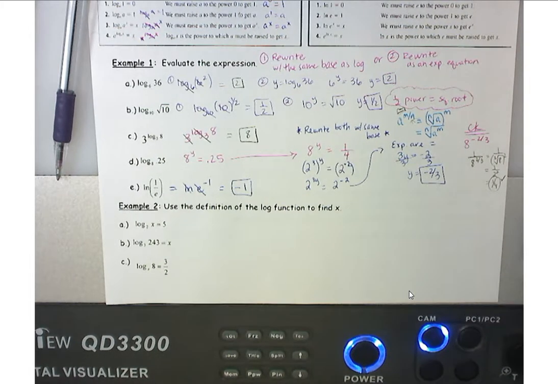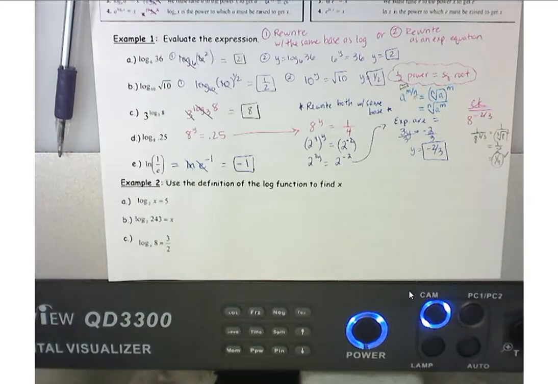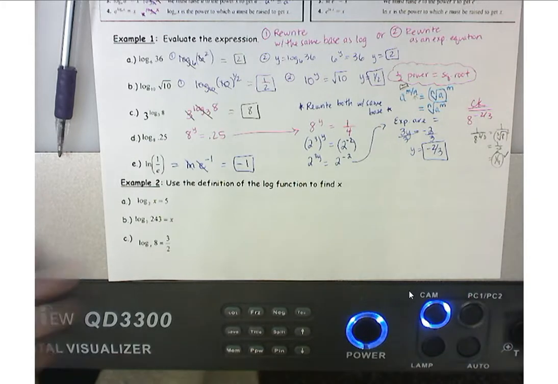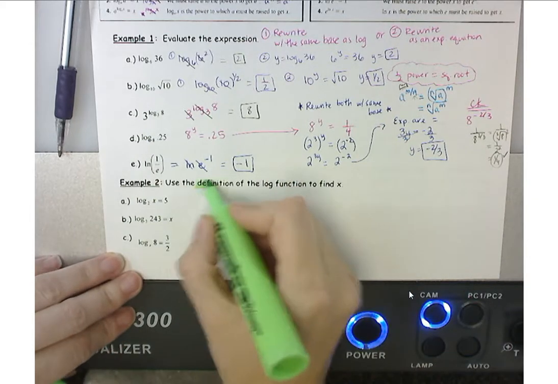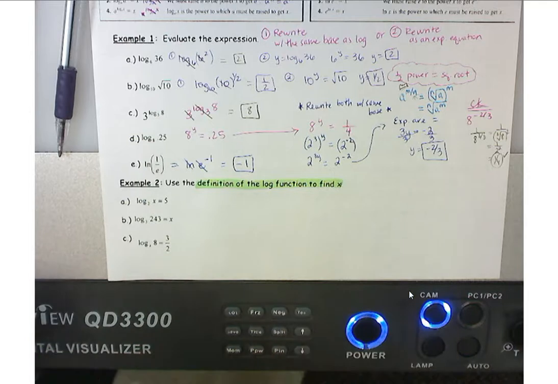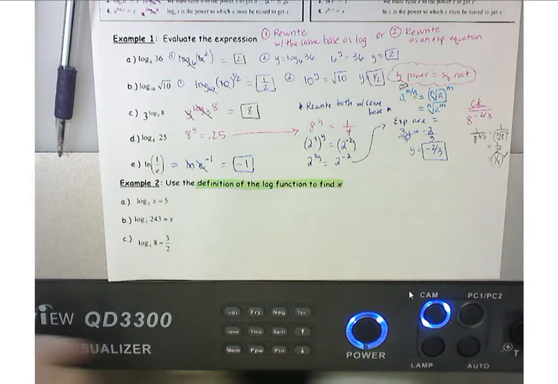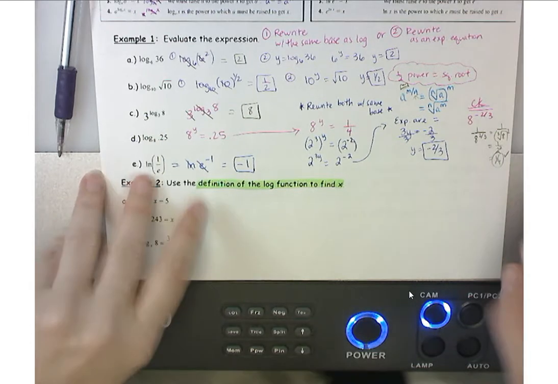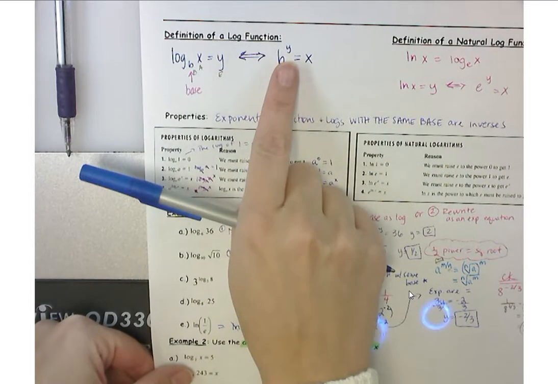All right, now the next thing says to use the definition of the log function to find x. And all of our equations here are logs. If we look at the log definition, that tells us if we have something that's written as a log, I can rewrite it as what type of function?